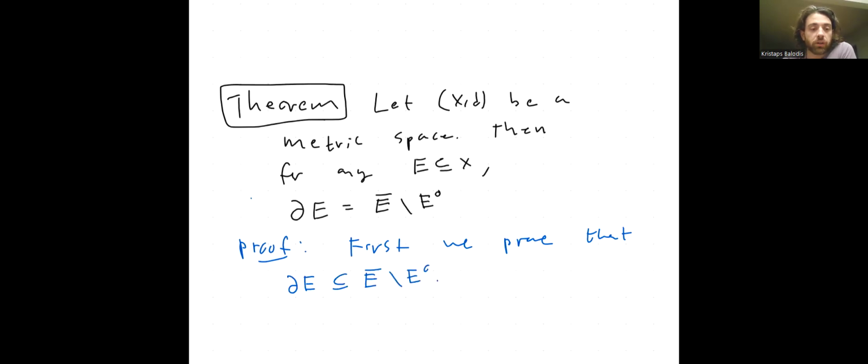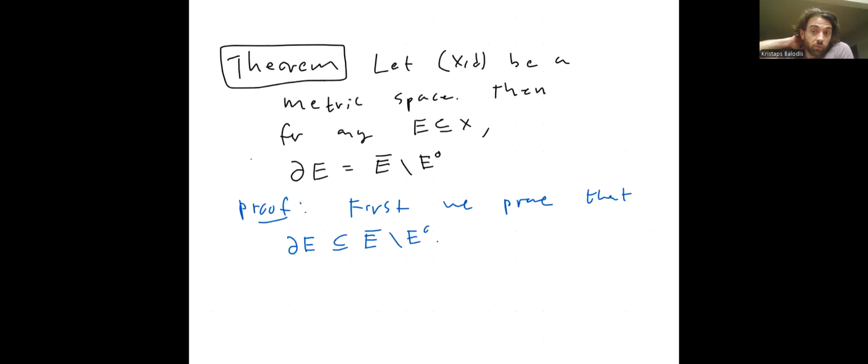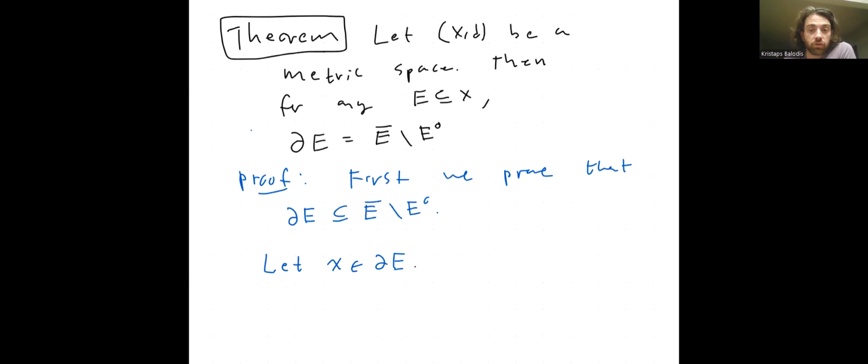How are we going to do that? Basically, I need to show that everything in the boundary is contained in the thing on the right. So my proofs always begin with: let something be in the set on the left. So let x be in the boundary of E.